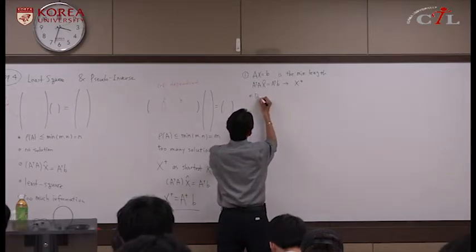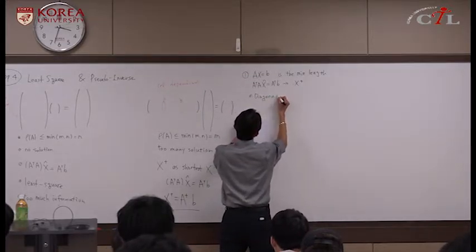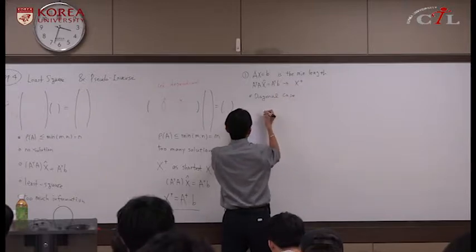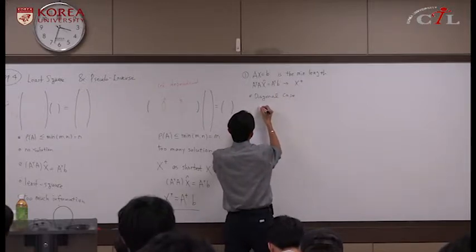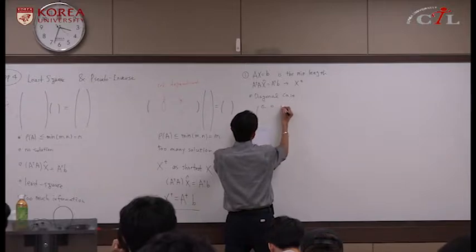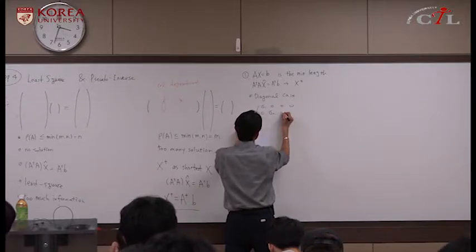For the diagonal case, if A is diagonal, let's say it's sigma 1, sigma 2.